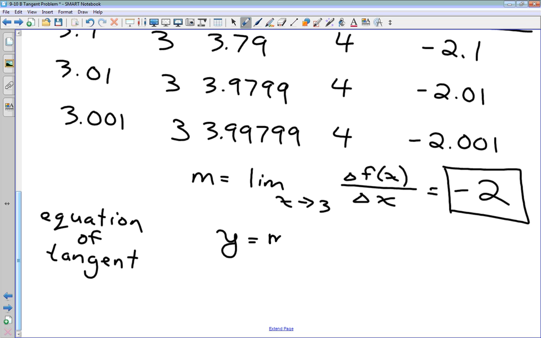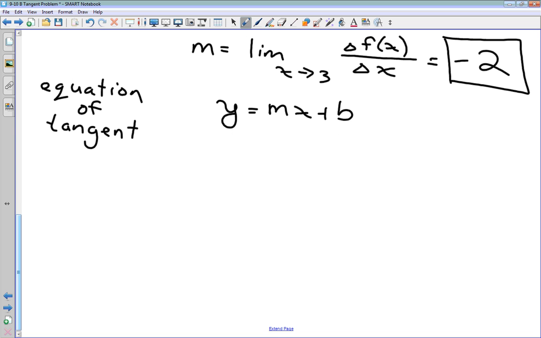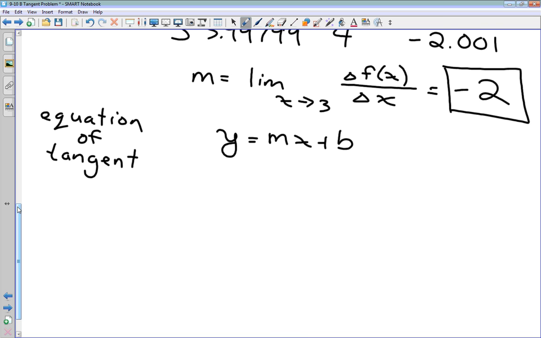We know it's going to have the form y equals mx plus b, and we already know a lot of these things that appear in this equation. We know that our slope is negative 2 because we just worked that out. We know that when our x value is 3, our y value is 4 because we calculated that point that was on our tangent, or that point of tangency which is on our tangent and is on our original function.